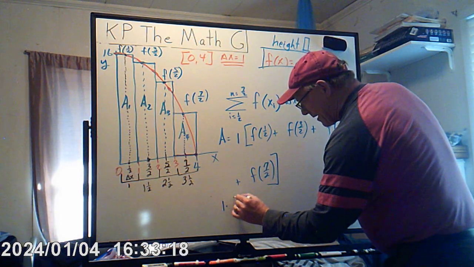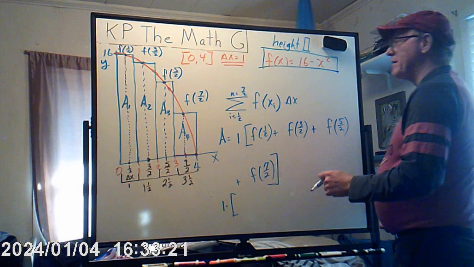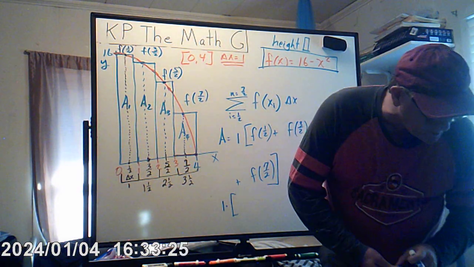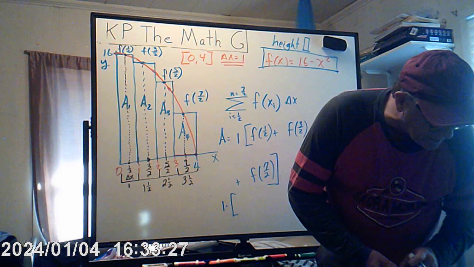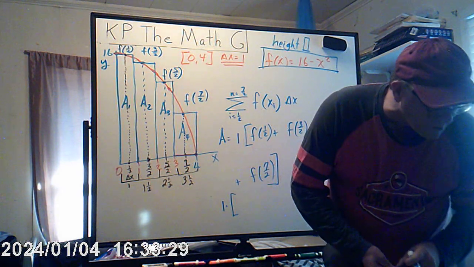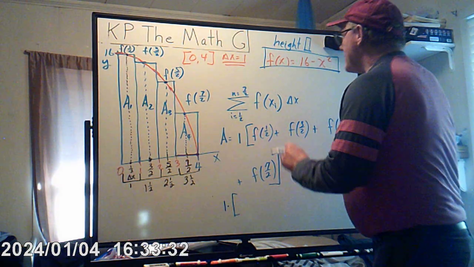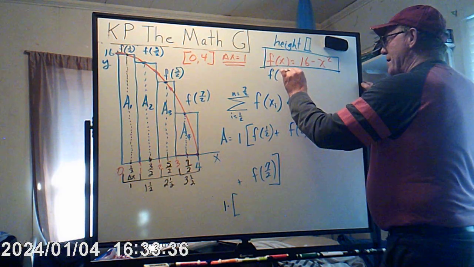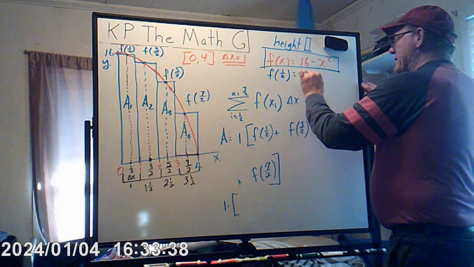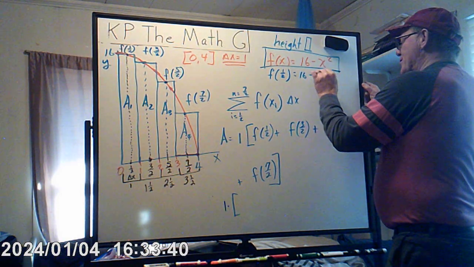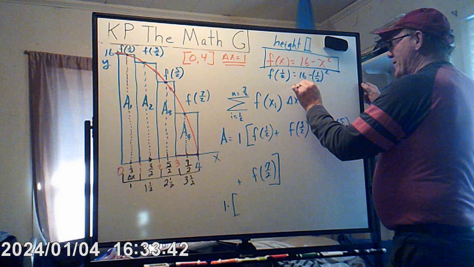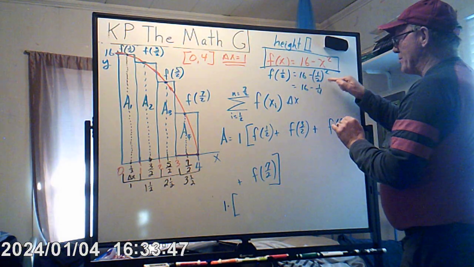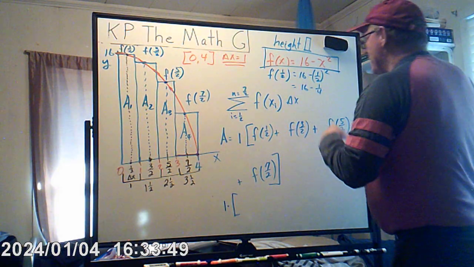So 1 times f at 1/2. I think I figured that out. No, I did not. Okay, so I'm going to figure them out. 1/2 is right here. f at 1/2 is 16 minus 1/2 squared, which is 16 minus 1/4. 1 times 1 is 1, 2 times 2 is 4.